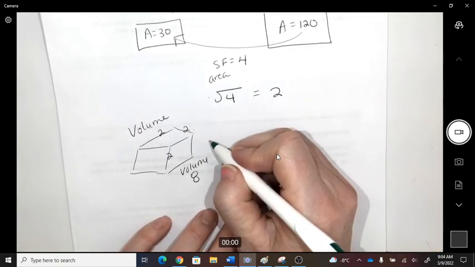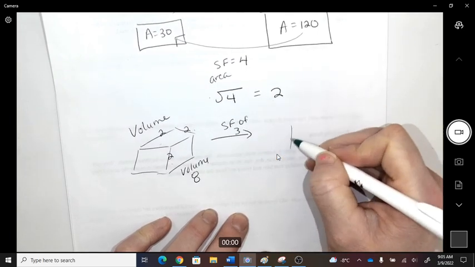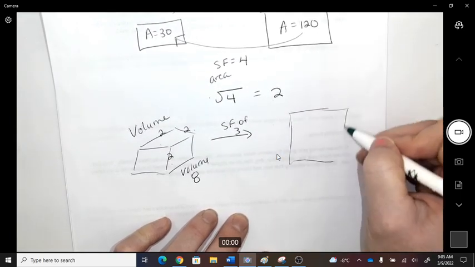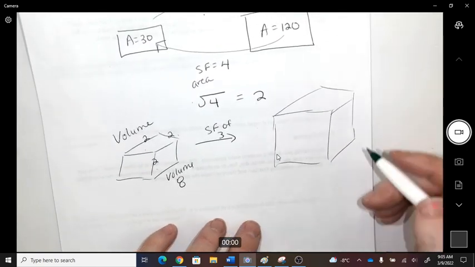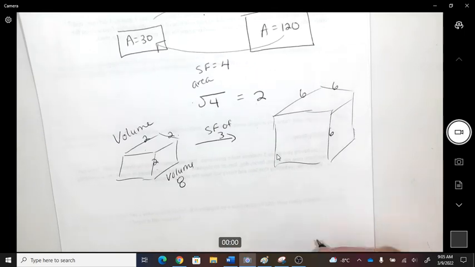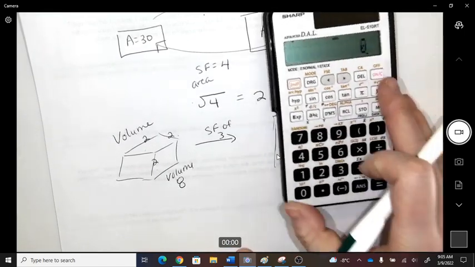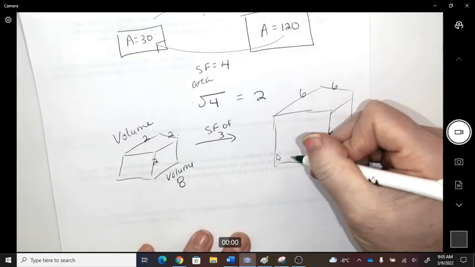Let's say I do a scale factor of 3. So I'm blowing this thing up. Now my sides are 6 by 6 by 6, right? What's the volume? 6 times 6 times 6, so that's 216.